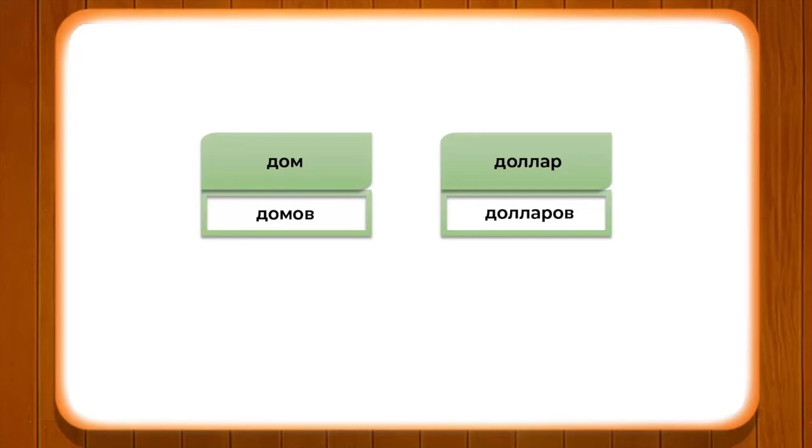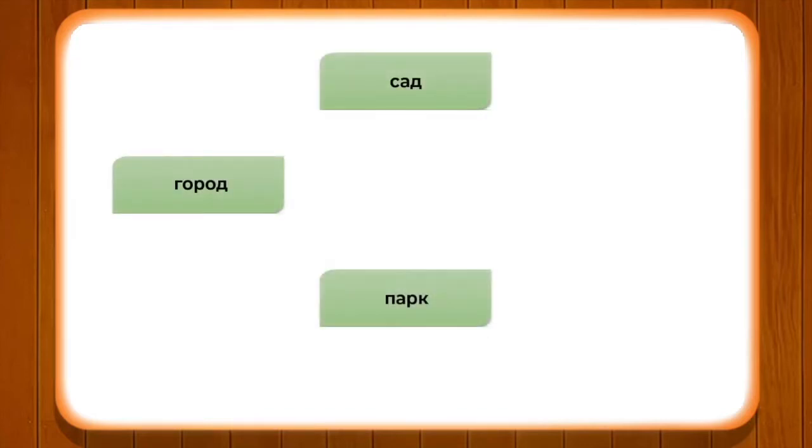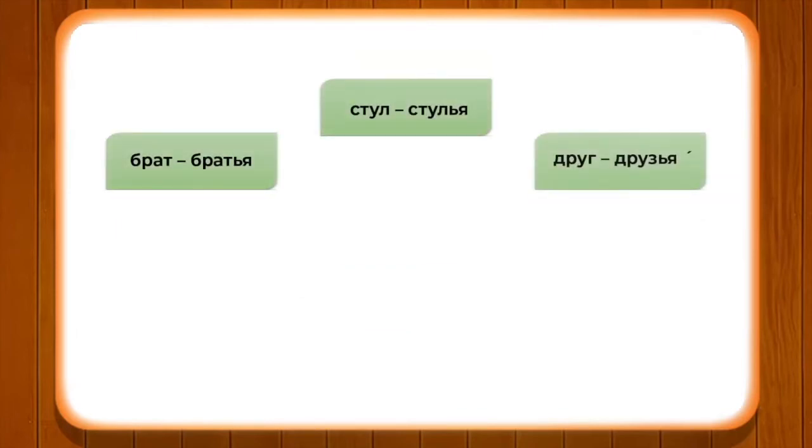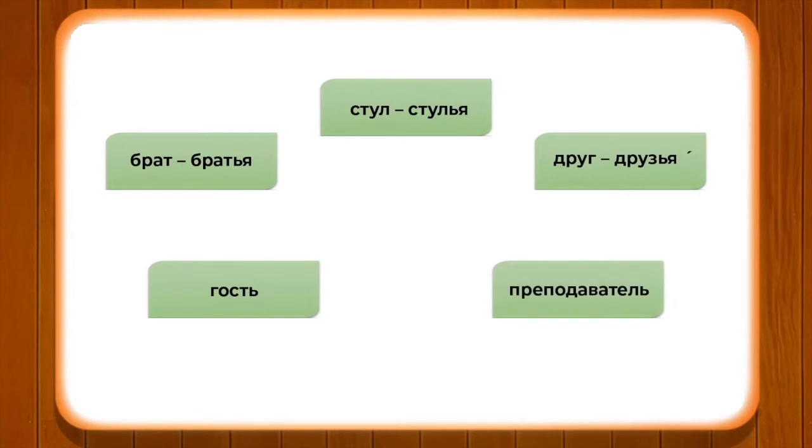Now, let us have a few more examples. Город, сад, парк, музей, брат, стул, друг, гость, преподаватель.